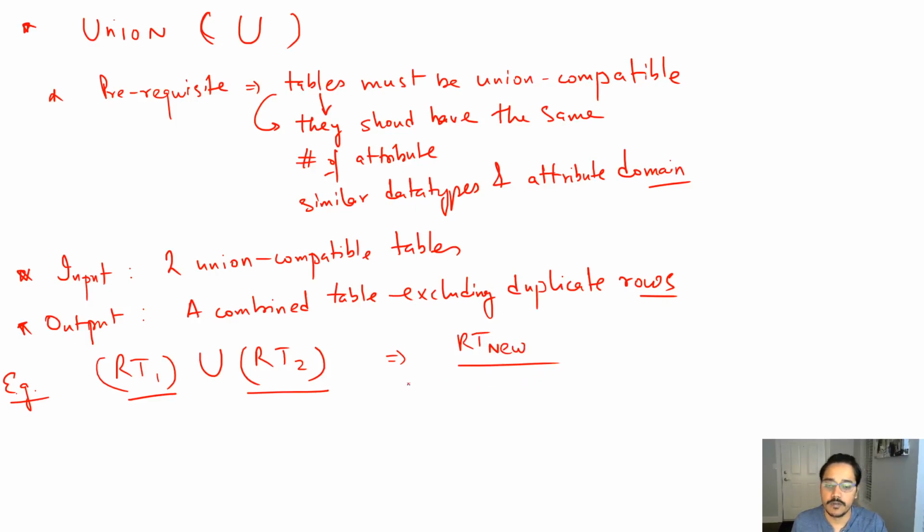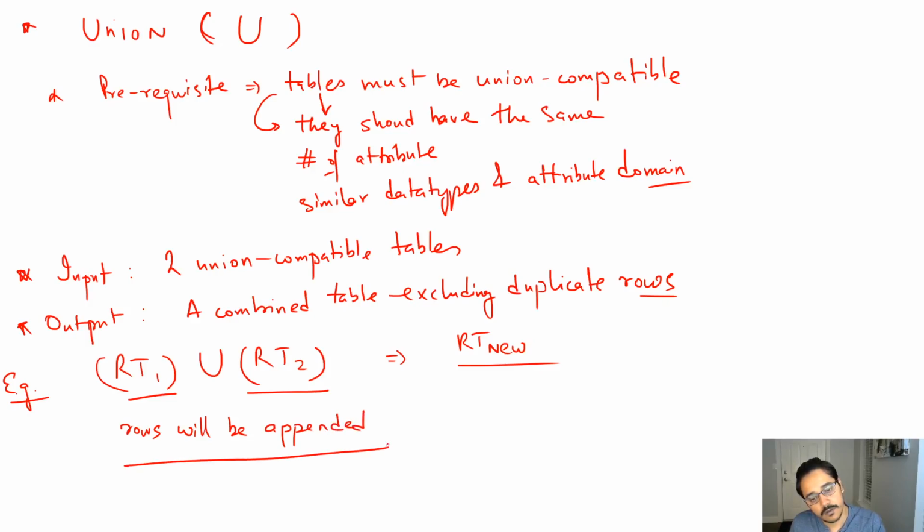Okay, so remember, rows will be appended. First all the rows of RT1, relational table 1, and then all the rows of relational table 2, excluding the duplicate rows. So if there is anything duplicate, it will only appear once and not twice. So that is basically the difference.